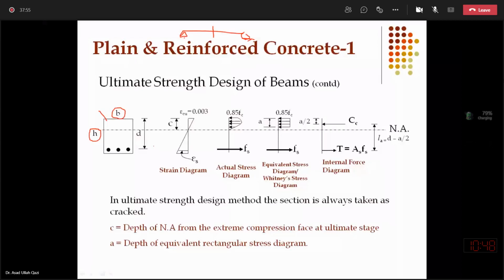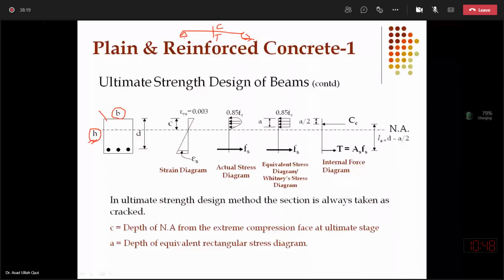It is definitely less than gross depth. So in this case, it is quite easy to visualize that since the beam is simply supported, and I'm talking about this section, tension will be at the bottom, the beam will sag, and compression will be at the top. It is shown here with the dotted line as the neutral axis.